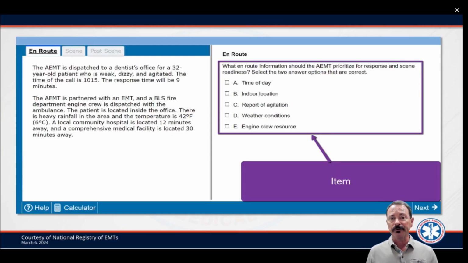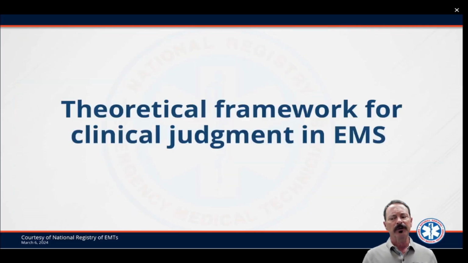Well, I've already told you that what you need to look at in the very beginning is how dangerous is it going to be for you to get there. So we've got the weather conditions, that it's already said that it's heavy raining. And then we're going to look at the time of day. And the time of day is 10:15. So that's not rush hour traffic, but that is what I'm going to be looking at. That's what I want to see when I'm going to be responding to the call.